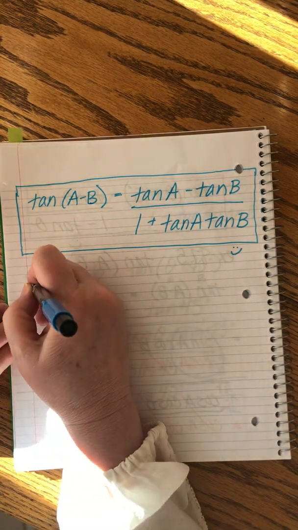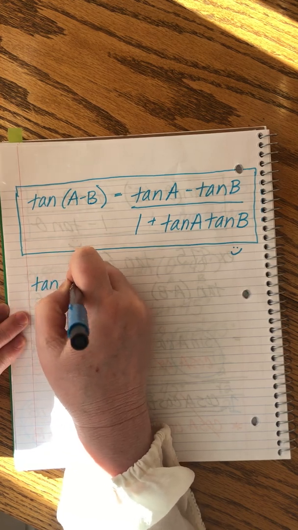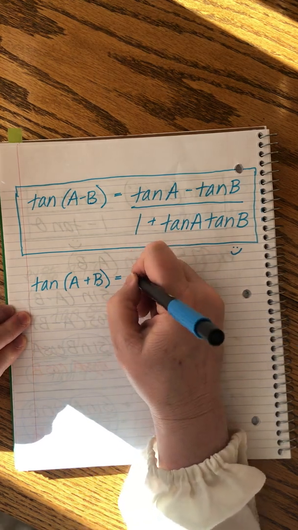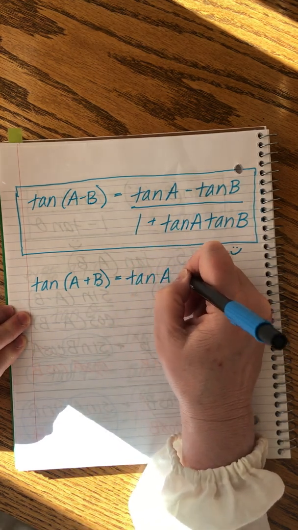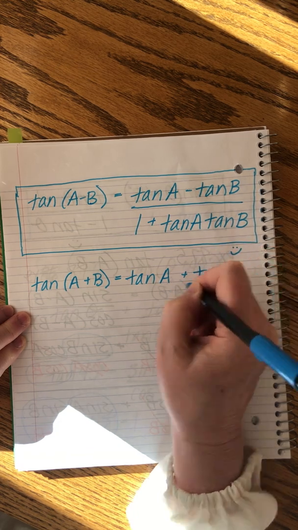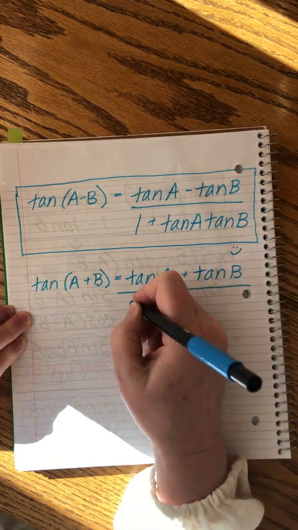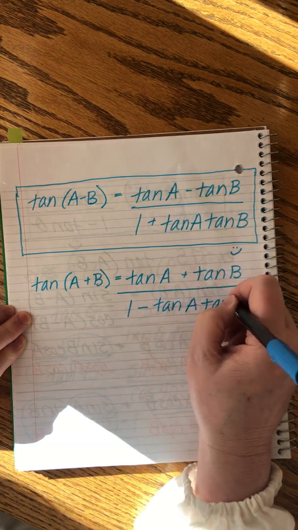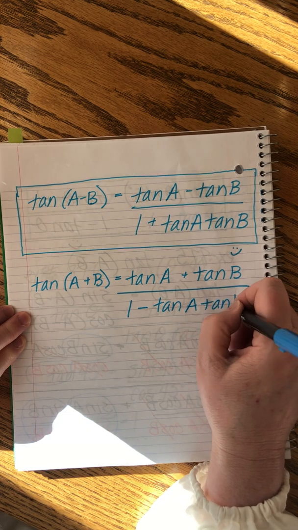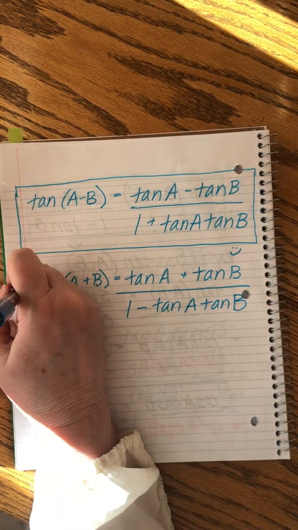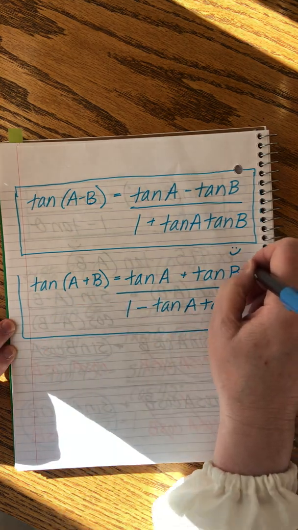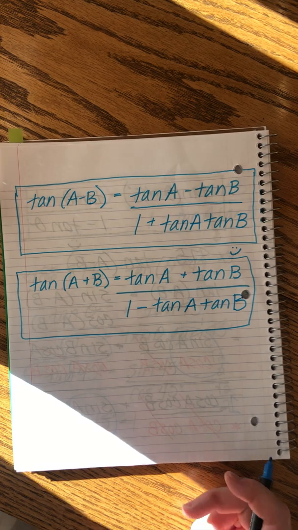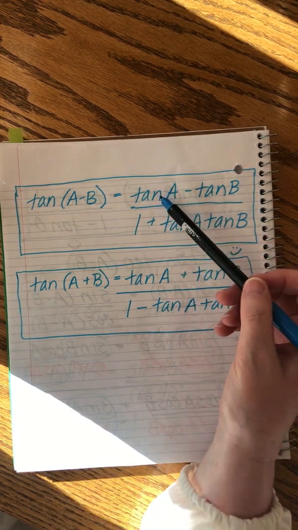What I'm going to do is rewrite the tangent sum identity right here so you can see them together. Here's this one. I want you to see how similar they are. The actual terms are all the same, right?